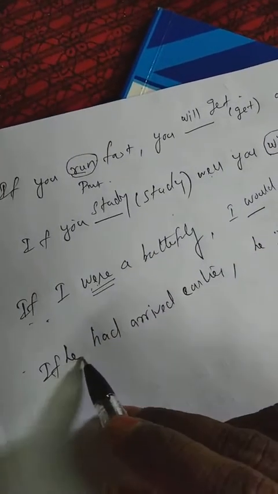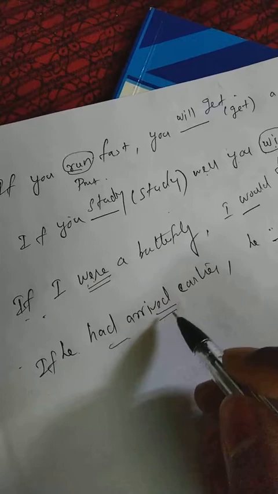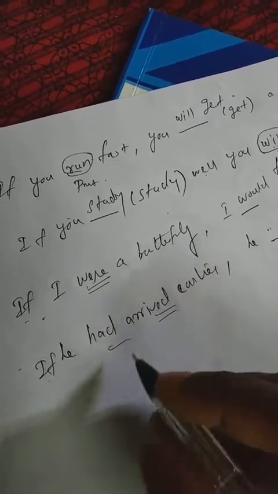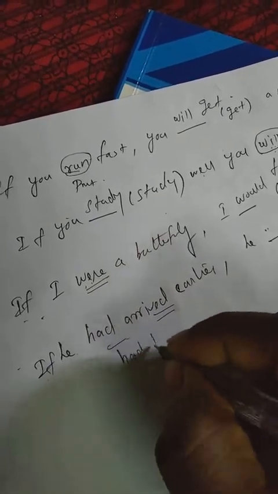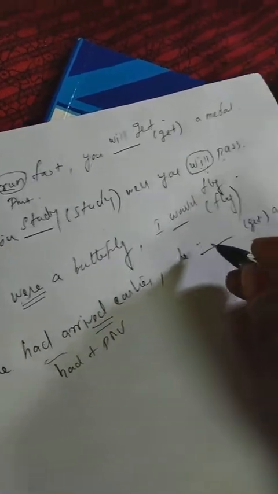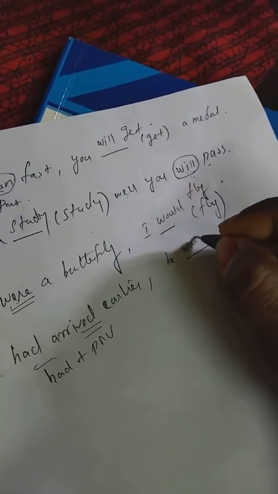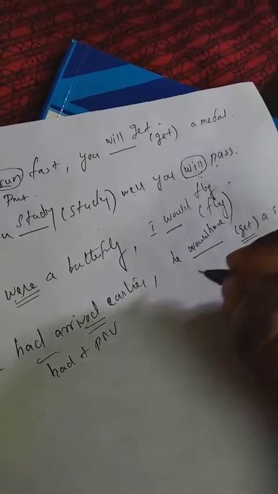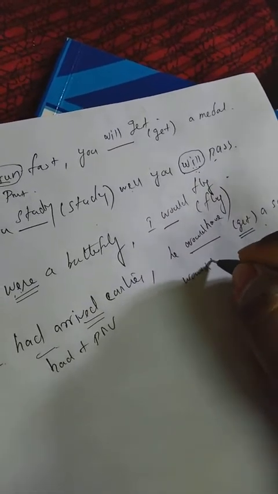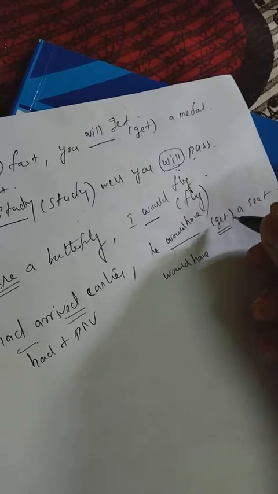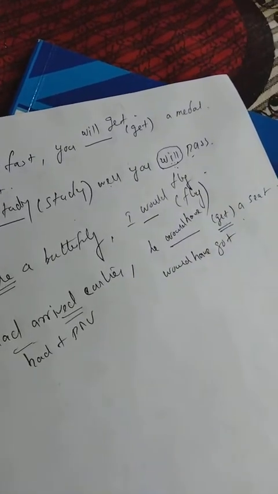So if plus had plus past participle, that means in the main clause you have to use would plus have plus past participle. Then he would have got, he would have got a seat, right children? So this is the condition class.